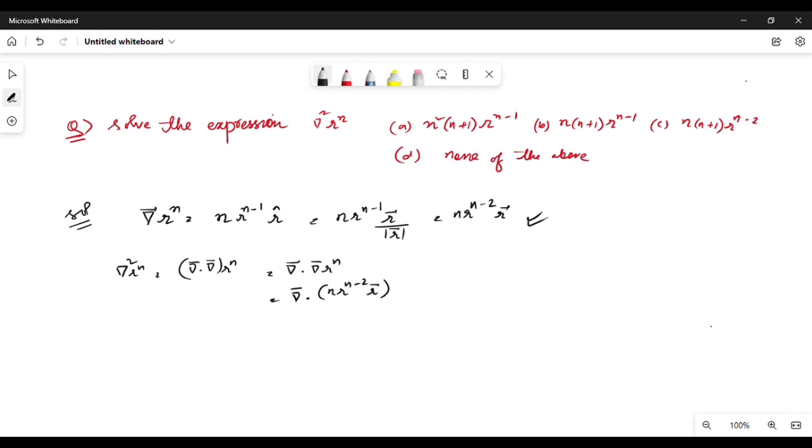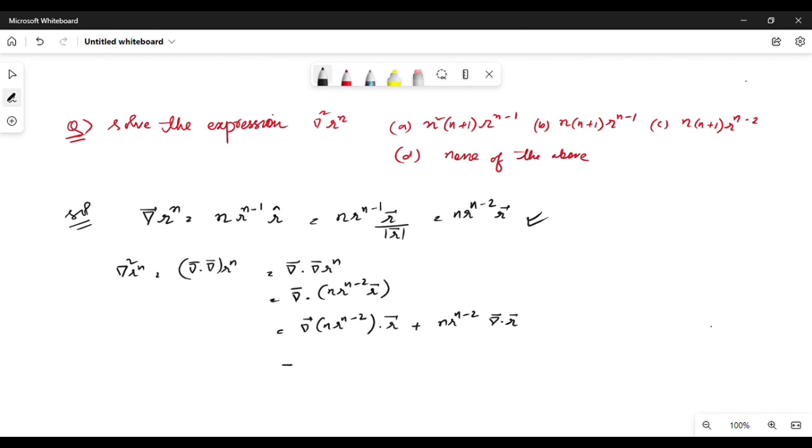Then I shall use the UV rule: gradient of n r to the power n minus 2, dot r, plus n r to the power n minus 2 divergence of r. I'm sorry, the first one is the gradient, not divergence.